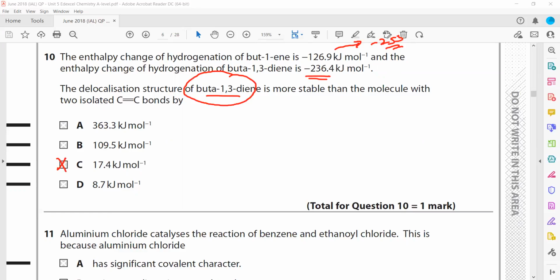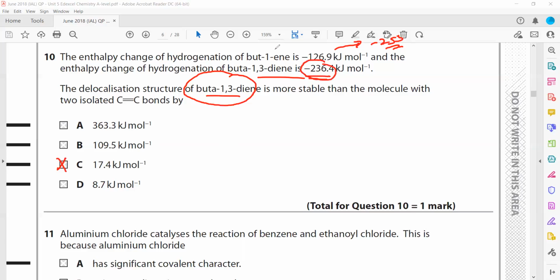So the difference in the energy is 17.4, or we can say buta-1,3-diene is more stable compared to isolated carbon-carbon double bonds by 17.4 kilojoules per mole. Basically the idea is that this compound has delocalized electrons, and to add two hydrogen molecules, this is the energy.